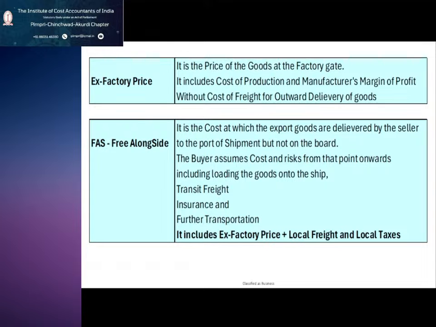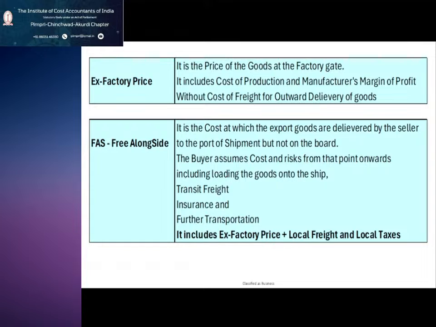So what does FOB mean? Before FOB we should understand what is ex-factory price and FAS, free alongside. So what is ex-factory price? Price of goods at the factory gate. It includes cost of production and the manufacturer's margin of profit, without freight cost for outward delivery of goods. It means I have manufactured the goods, everything is ready for shipment, and it is in front of my factory gate.